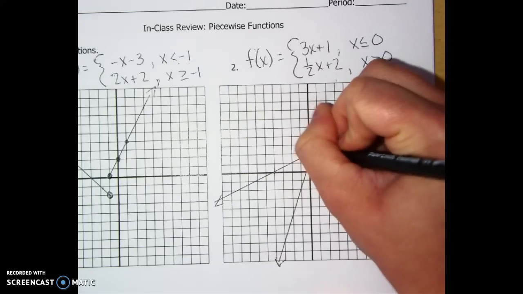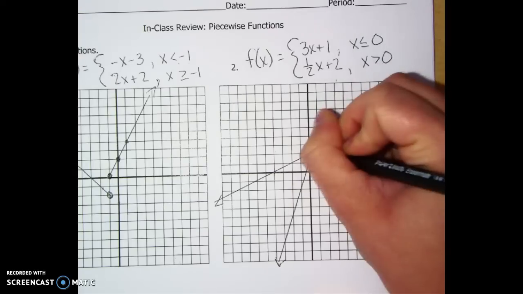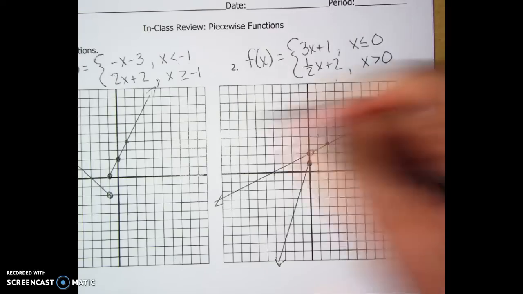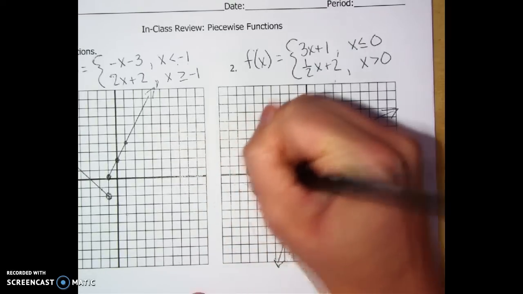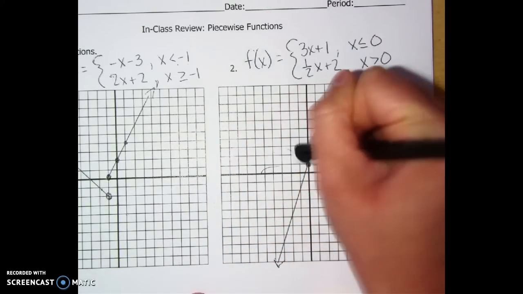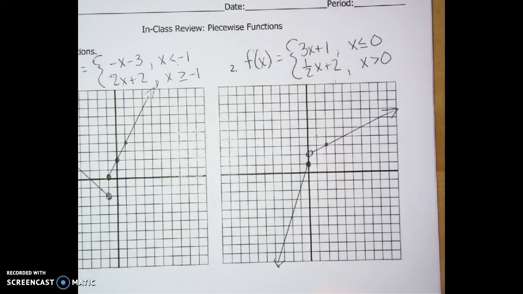If my pen will work. Okay, and I keep what's on the right, get rid of the left. Okay, hopefully your graph looks something like that. Now, the next two are going to have 3 in them.